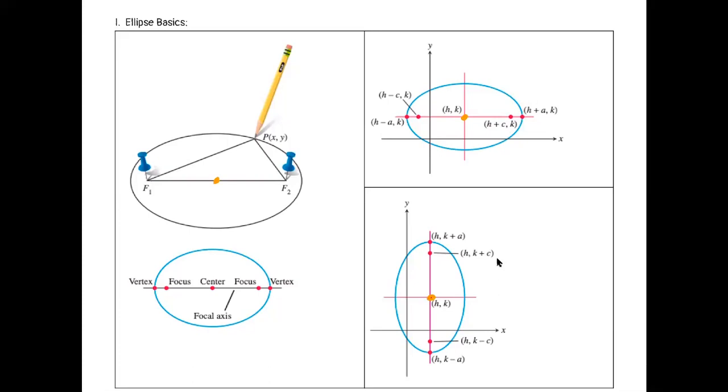Now, one thing that is different is that an ellipse is actually created when you have a combined distance between 2 points, and that is the same all the way around. So what I mean by that is that this distance right here from F1 to the point, and this distance here, let's say that value is 10.